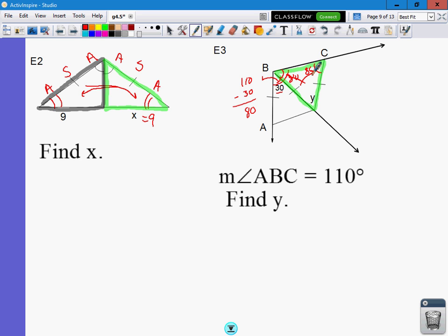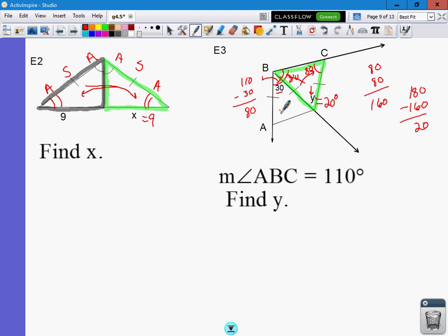This is also going to be what? 80. So I've got 80 and I've got 80. I've used up 160 degrees of my triangle. How big is the one that's left? 180 minus 160. Y has got to be 20 degrees.